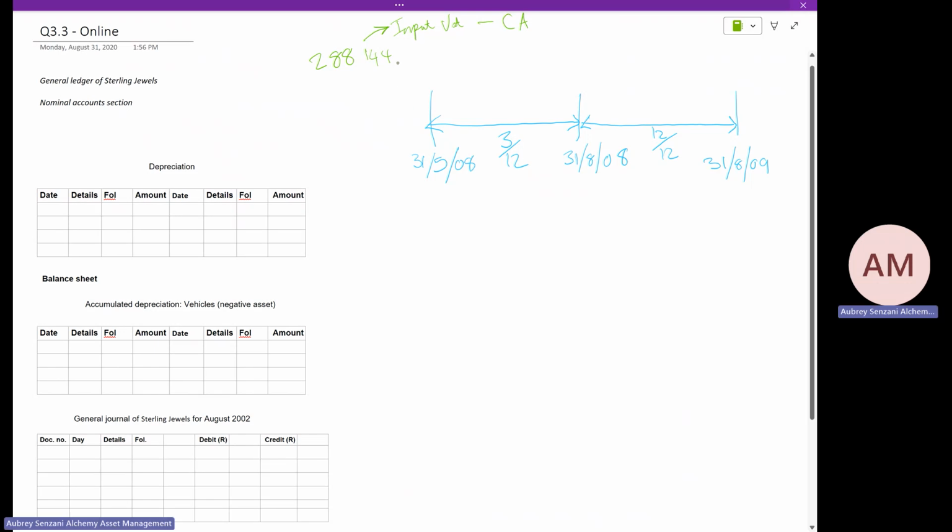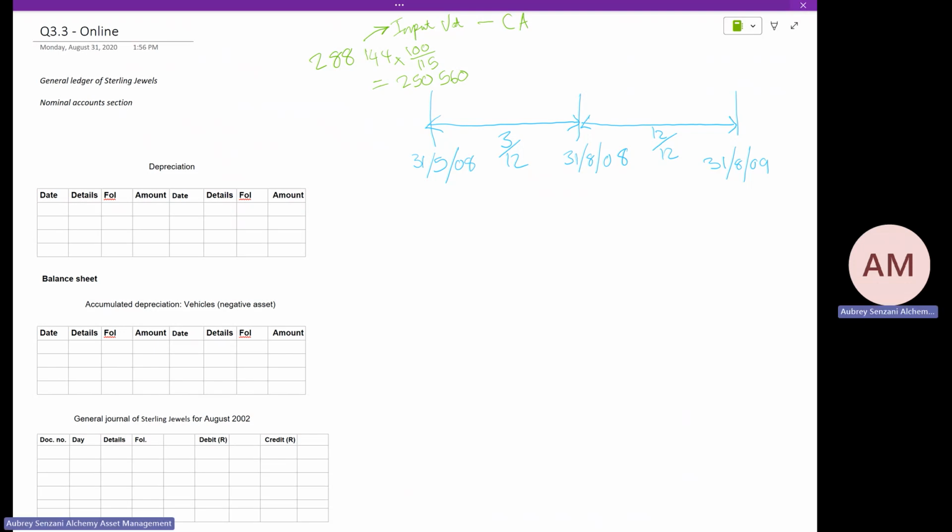So therefore, it's not part of the cost of the asset. So we must use the VAT exclusive amount, and we know we get that by saying 100 divided by 115. So the actual value of the asset, once you've calculated that, will then be 250,560. That is the cost price of the vehicle.